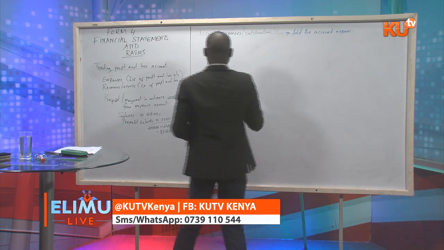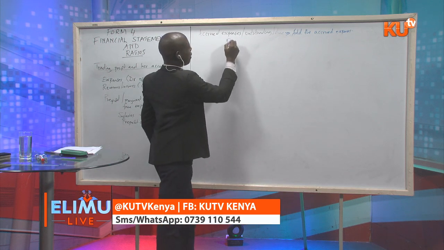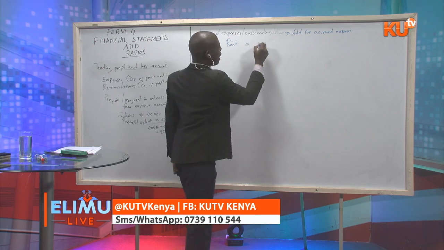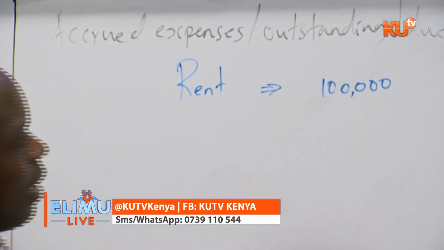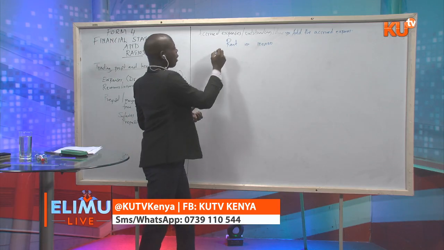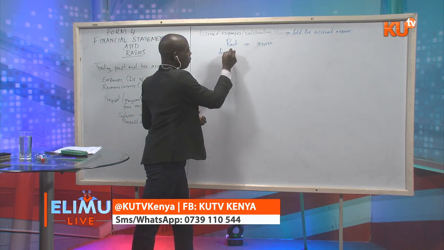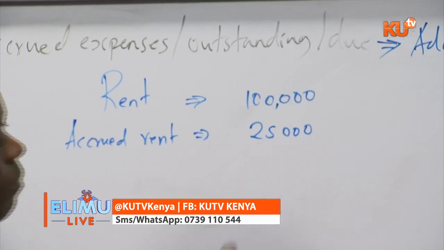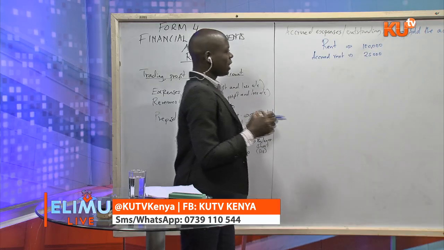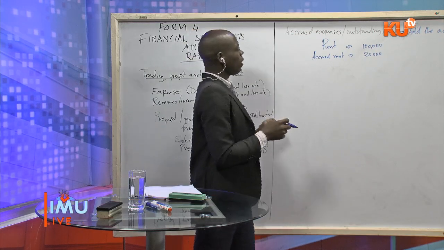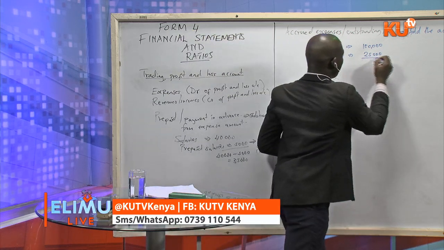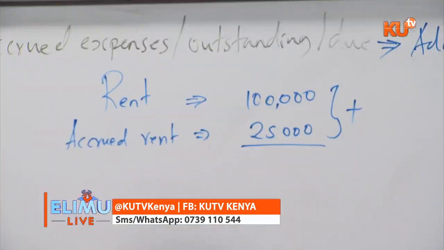If, for example, a business had a record of rent as an expense amounting to 100,000, and we are told the business had an accrued value for rent of 25,000, then to determine the actual value recorded under the rent expense, we add the accrued to the real rent expense.